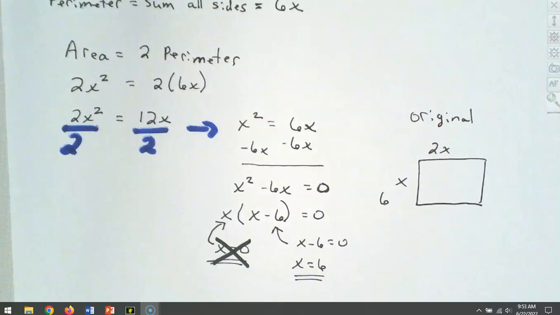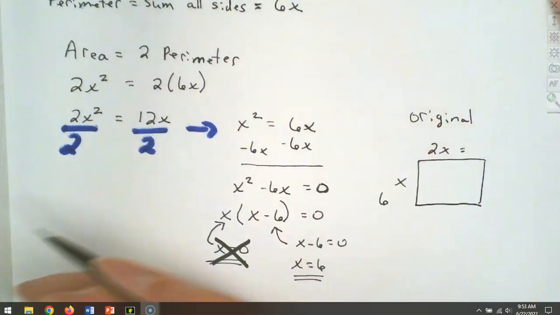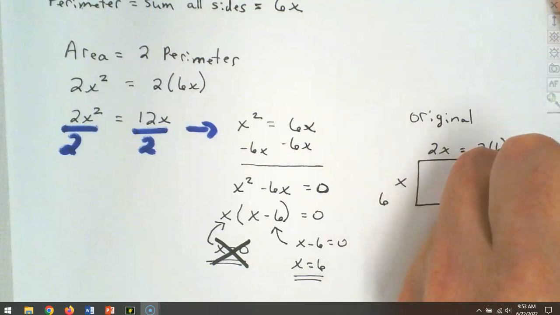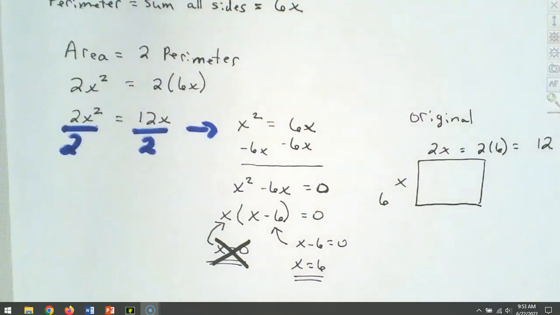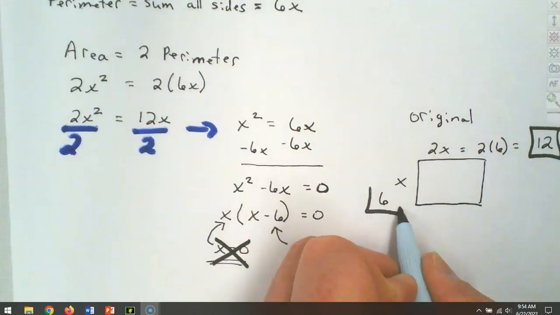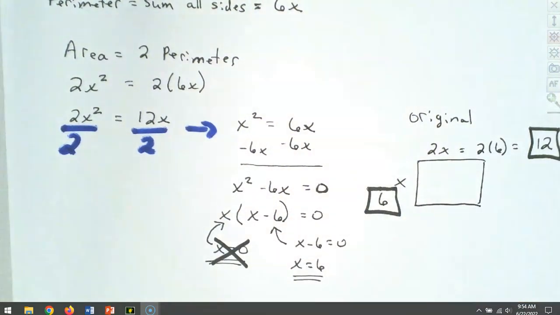Nope, doesn't say anything about feet, inches, meters, nothing. So it's just a 6. And the length is twice that, so that's 2 times 6, which is then 12. So what are our units going to be? Our answer is going to be 6 and 12. And we don't have any units, so I don't know whether these are in feet, yards, so we just leave them without a unit now.